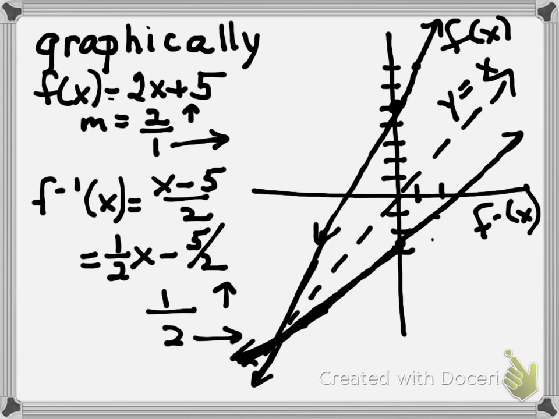We got the identity function y equals x. So algebraically, I showed it to you with composition, and graphically, I showed it to you by showing that they're symmetric over the line y equals x. This is true with every function and its inverse. I just happened to pick a linear function because it was easier for you to see.